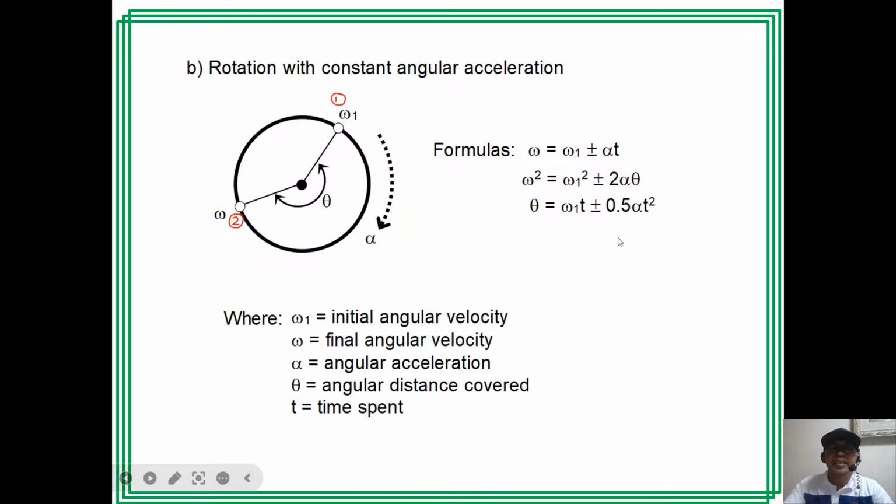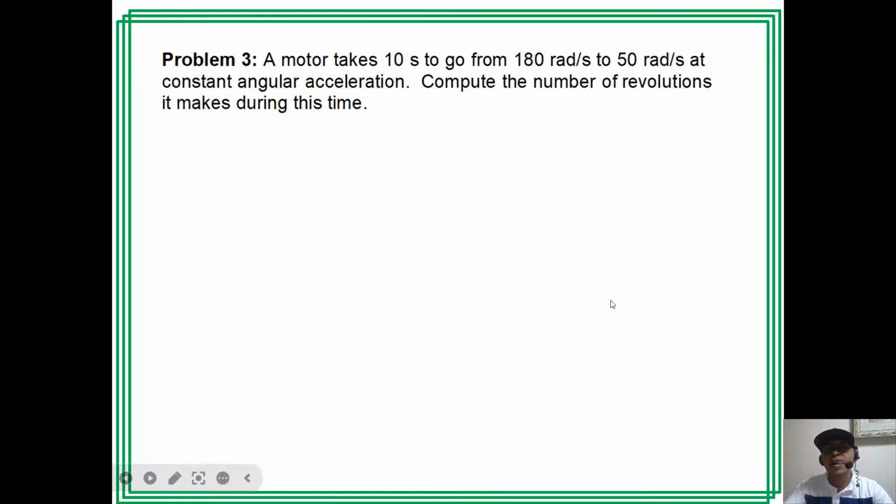Then we have also the third one. Okay, so let's apply where we have here the notations. A motor takes 10 seconds to go from 180 radians per second to 50 radians per second at constant angular acceleration. Compute the number of revolutions it makes during this time. So we have initial velocity 180, final velocity 50 for a given time of 10 seconds.